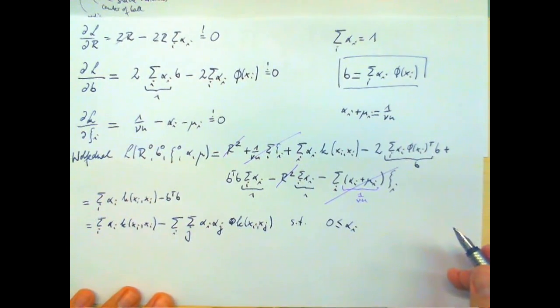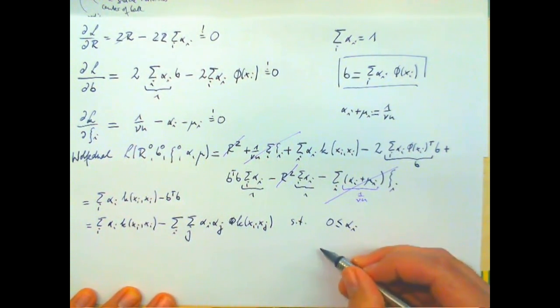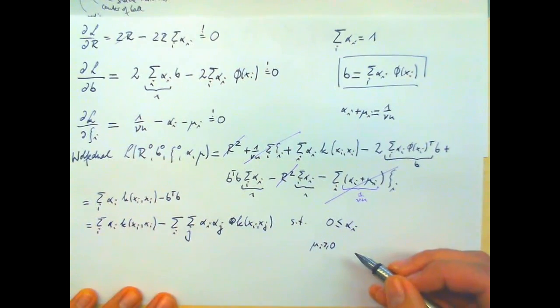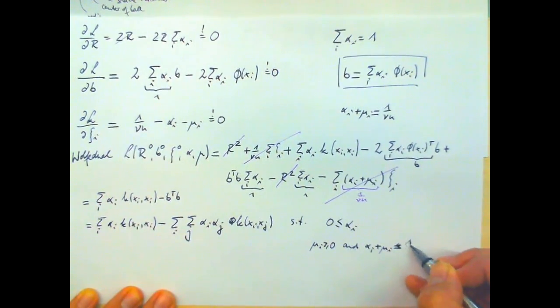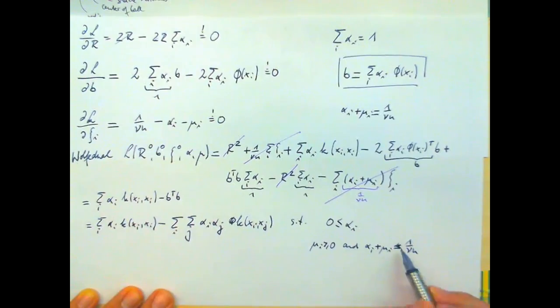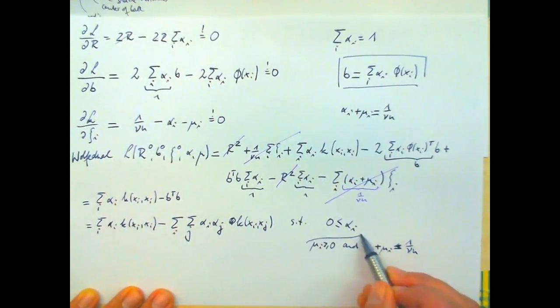And like last time, the condition that mu_i should be non-negative, and we know that alpha_i plus mu_i is that. Together it gives me this upper bound on my Lagrange multipliers.